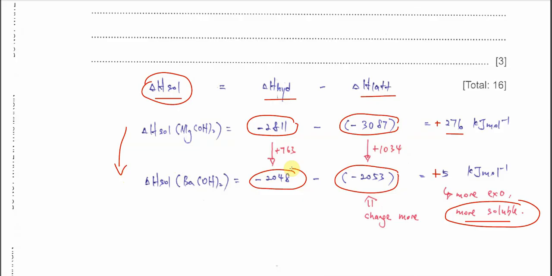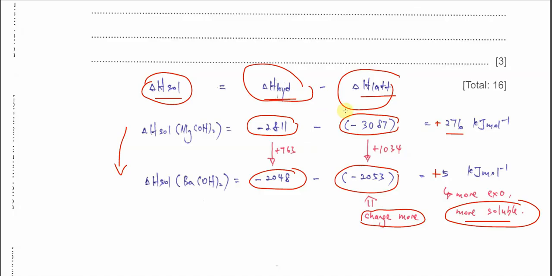But there is a difference: the lattice energy changes more, so the value here is larger. That's why in the mark scheme you see it changes more.